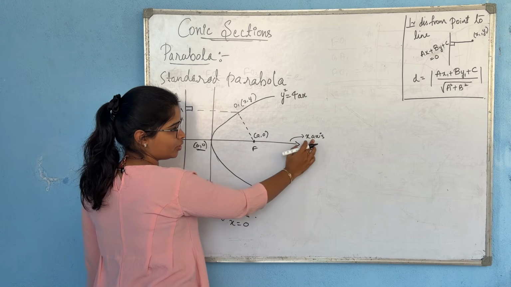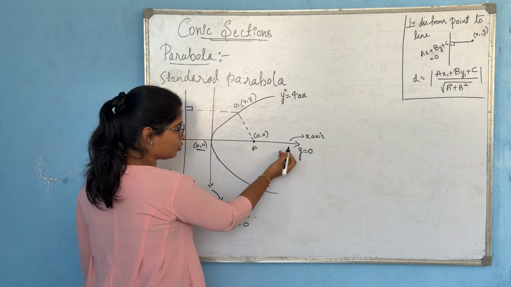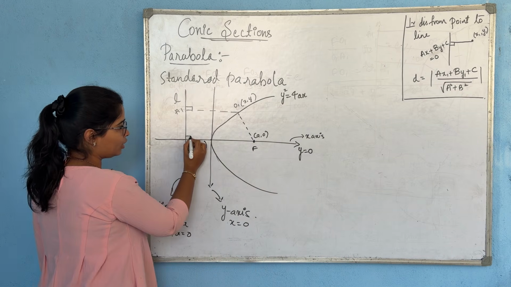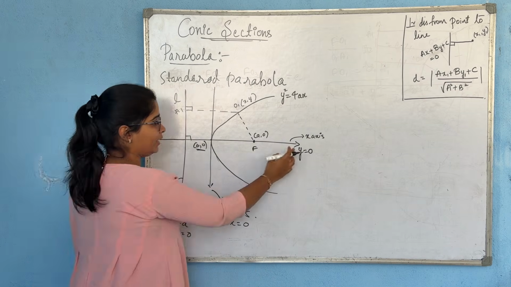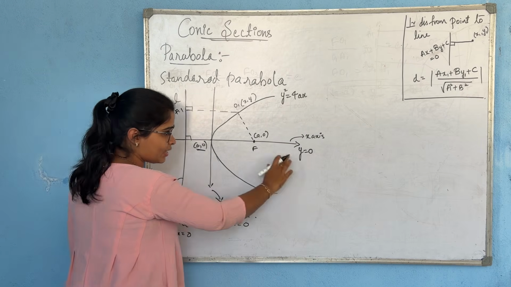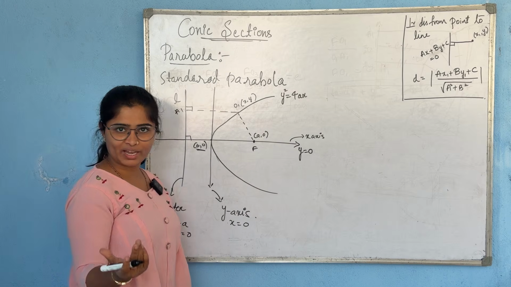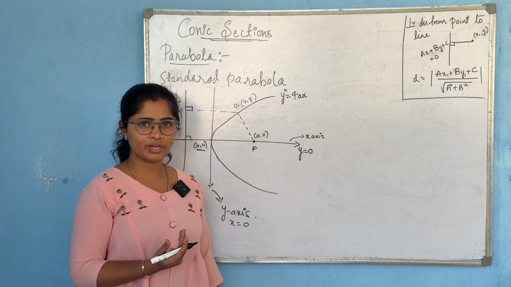And here the x axis is passing through the focus and is perpendicular to the directrix. Therefore, this x axis is called the axis of parabola, like we discussed in the previous video.